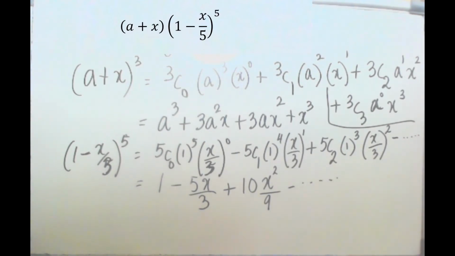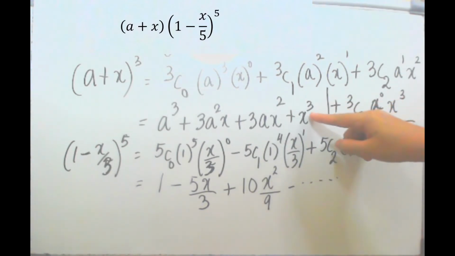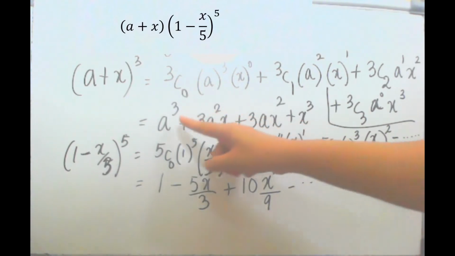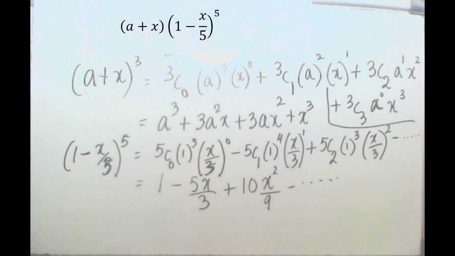Alright, now we got all the terms. We will now work with the expansion of both the brackets to find out which all qualify to be the x power 0, x power 1, x power 2.